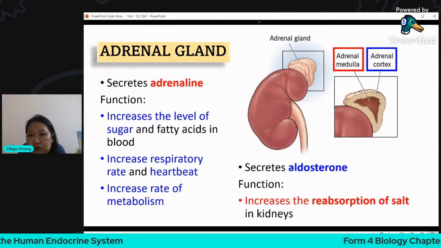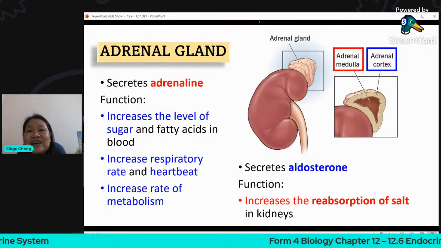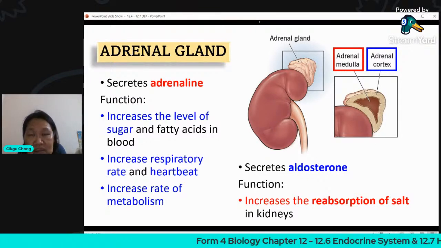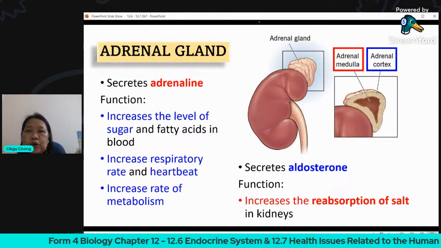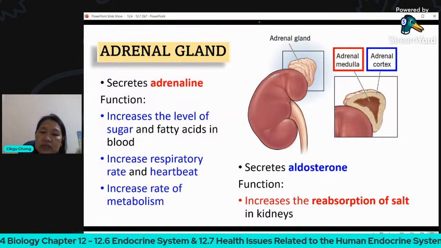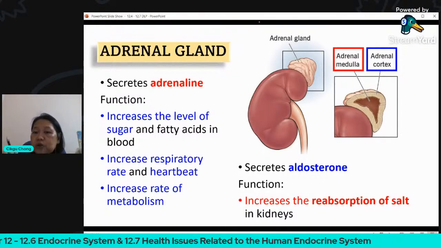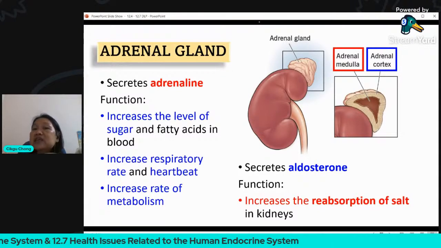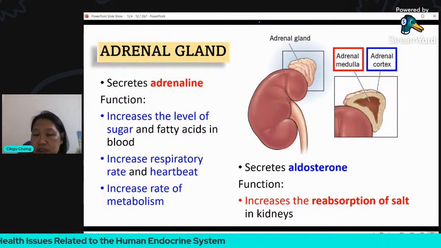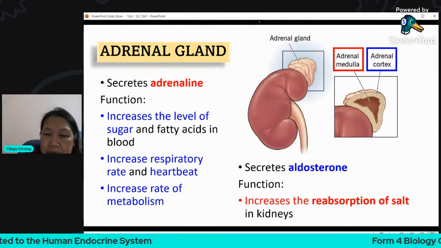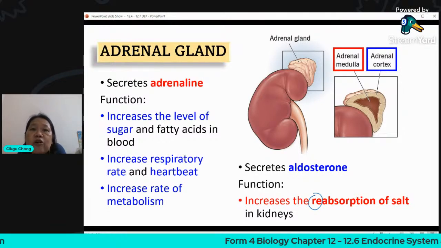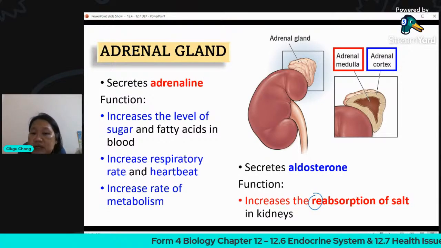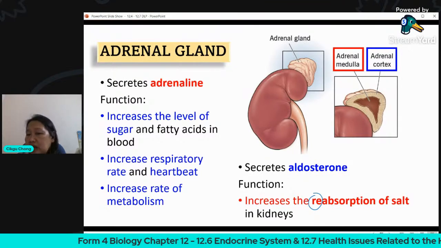That means if you don't have enough salt, your aldosterone will release more to absorb back the salt into your blood. So you will be releasing less salt in the urine. This is to increase the reabsorption. Remember to use the word re, just like when you say reabsorption of water for ADH. You must use the word reabsorption, not absorption.